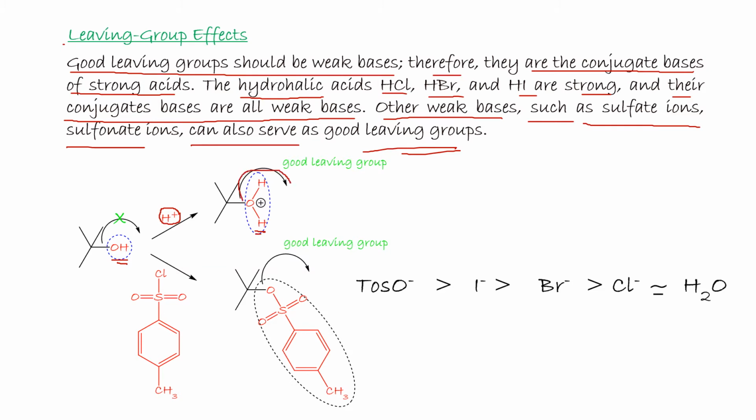So the leaving group will be water, and water is a good leaving group. Or transfer OH to a tosyl group by reacting with para-toluenesulfonyl chloride. Here we have a good leaving group with negative charge, and the negative charge can resonate to stabilize this ion. So tosylate ion is a better leaving group than iodide, than bromide, than chloride, and chloride is almost as good as water as a leaving group.